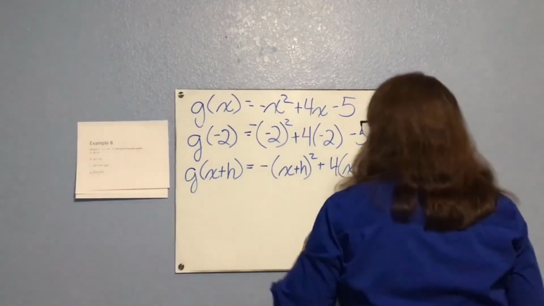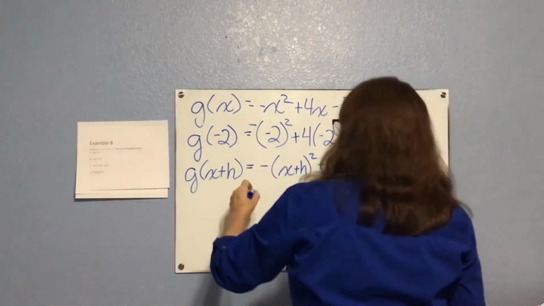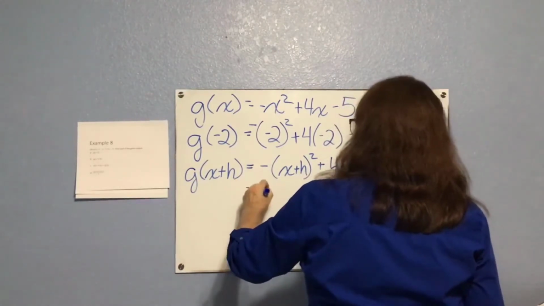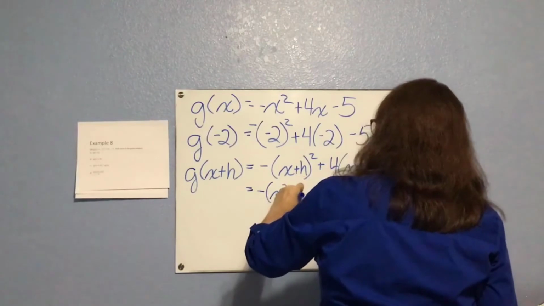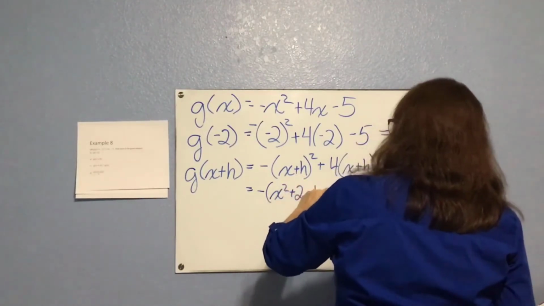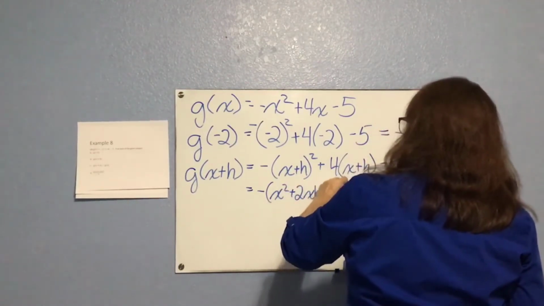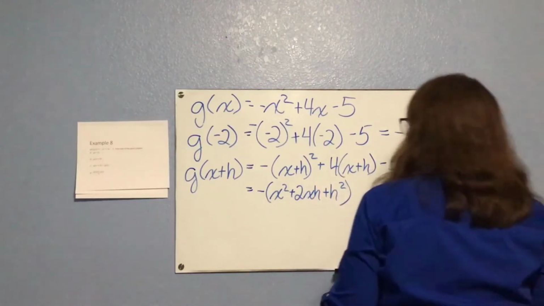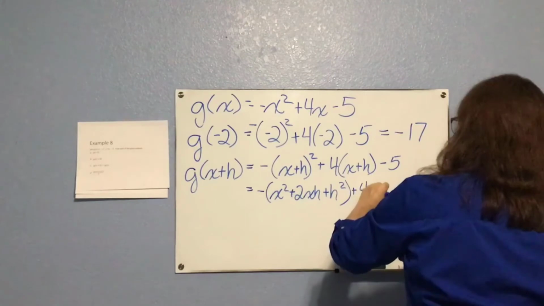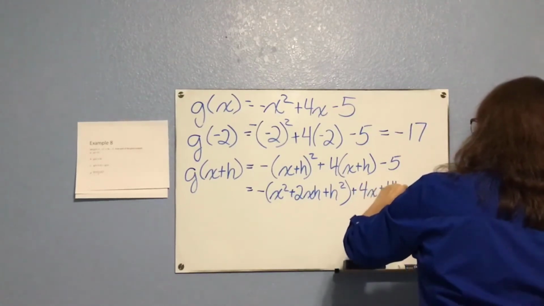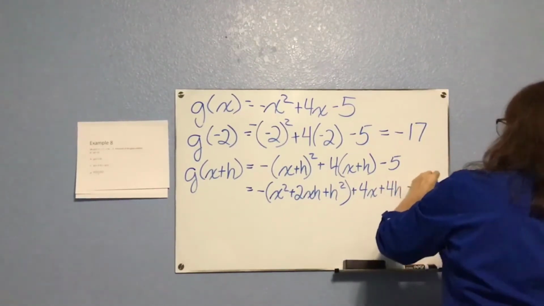Okay, now I'm going to multiply this out, simplify it. And so here I'm going to have negative (x squared plus 2xh plus h squared) plus 4x plus 4h minus 5.